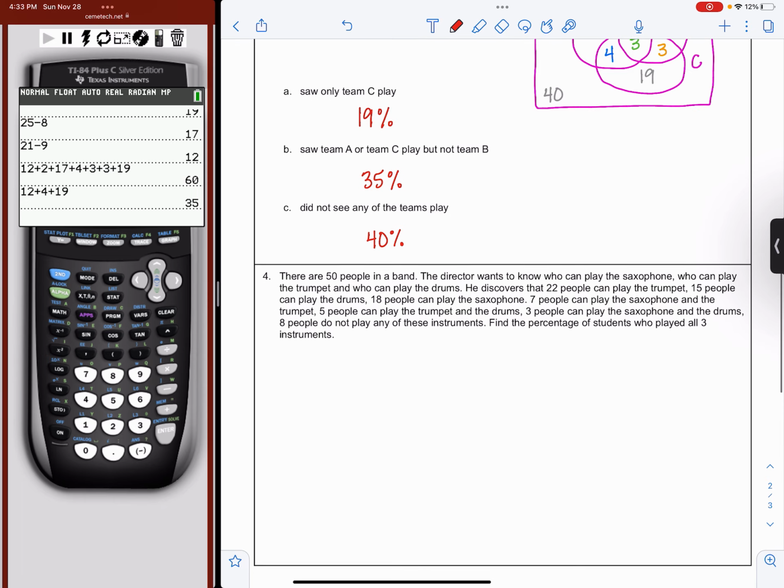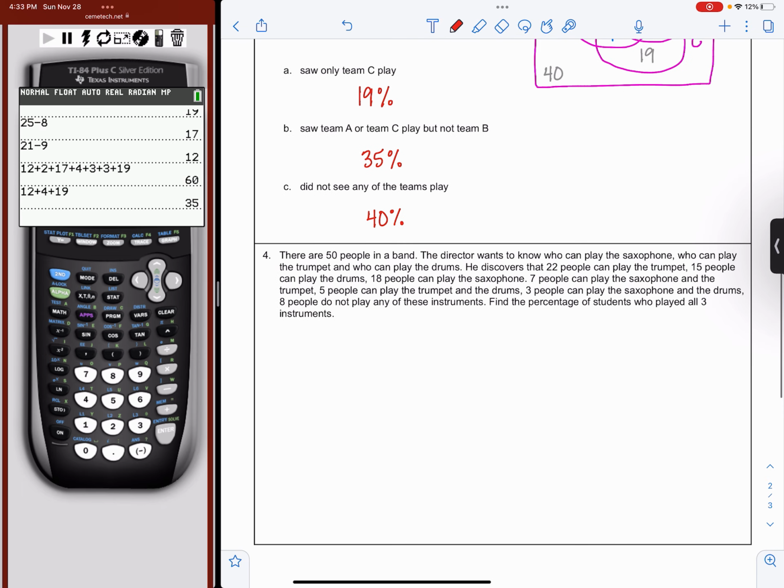All right. So last but not least, number 4, it says there are 50 people in the band. The director wants to know who can play the saxophone, who can play the trumpet, and who can play the drums.